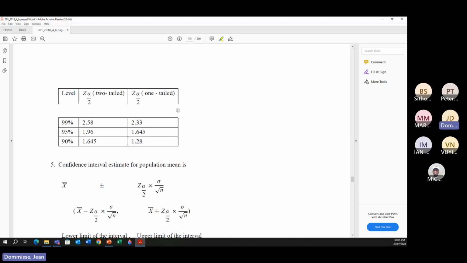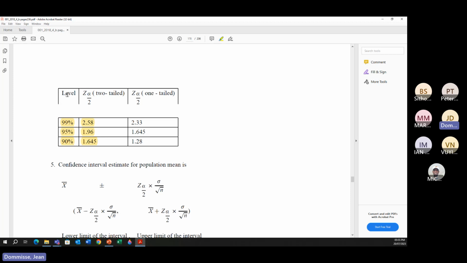But this is the table, so you can see that's where I got the 99, 95, and the 90%. And this is what you will use every time when you're looking at confidence intervals.